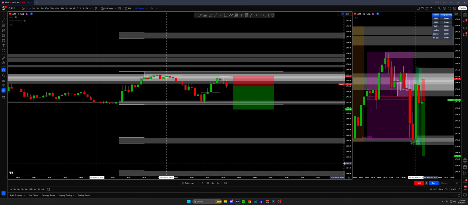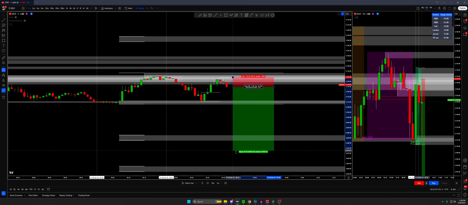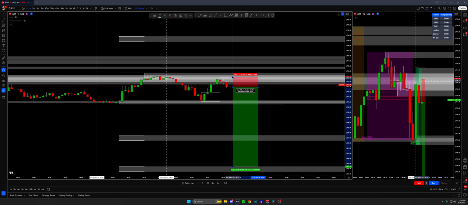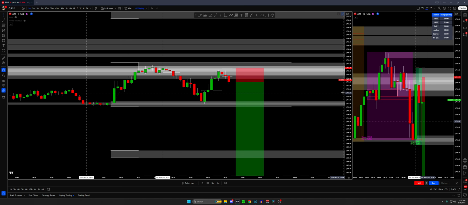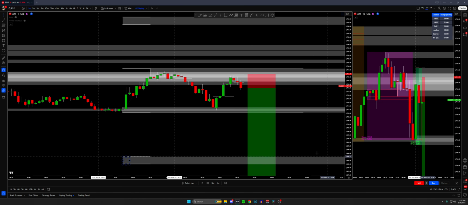So let's have our standard deviation. Standard deviation 2. And let's see how price plays from here. Let's enter sells.